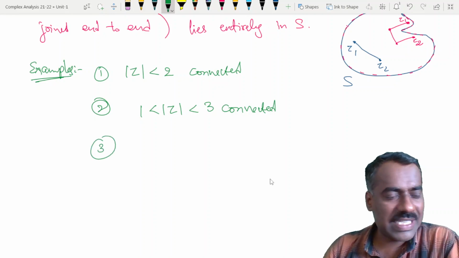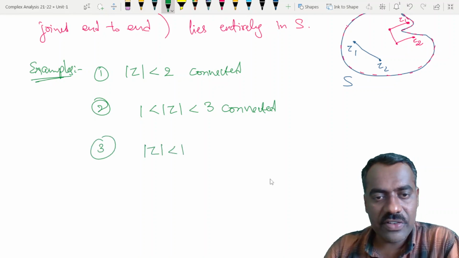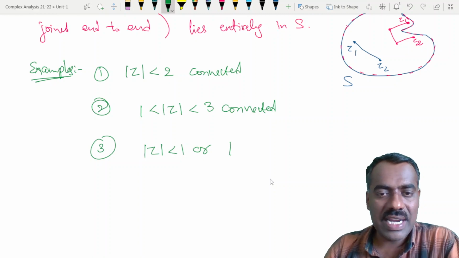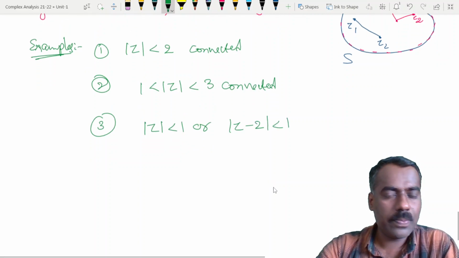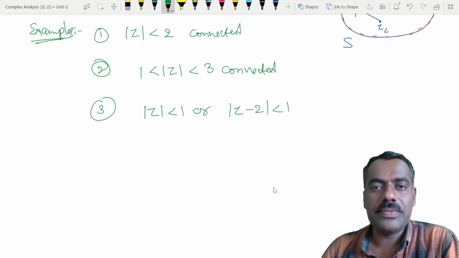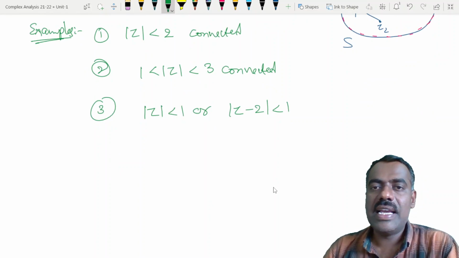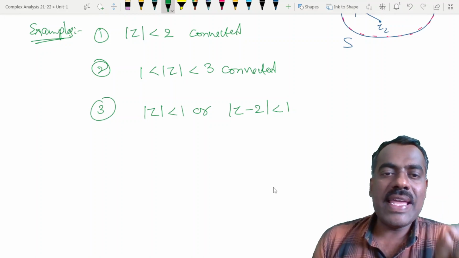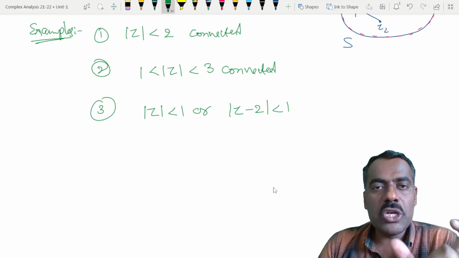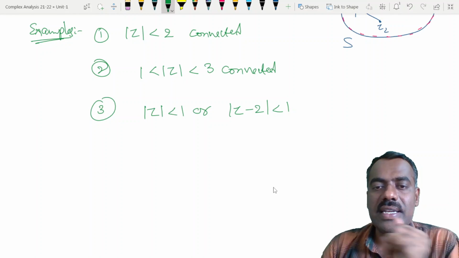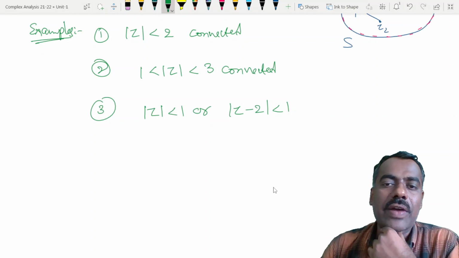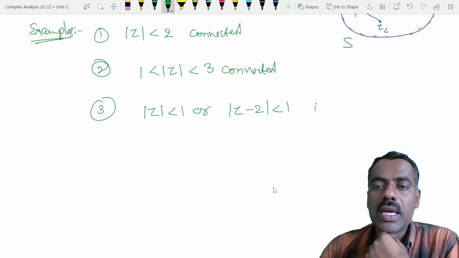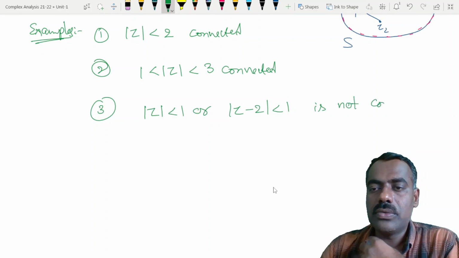Whereas if you take the set of points satisfying mod z less than 1 or mod z minus 2 less than 1, then this is your set S, and it is not connected.